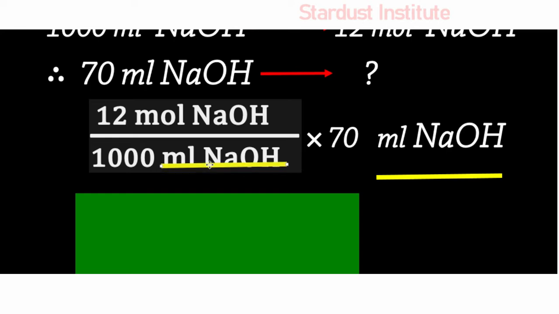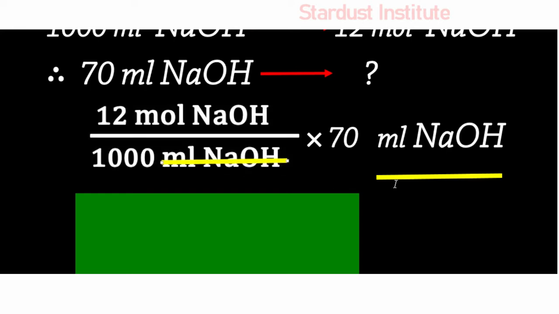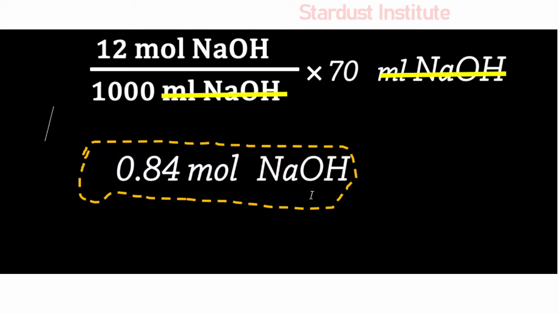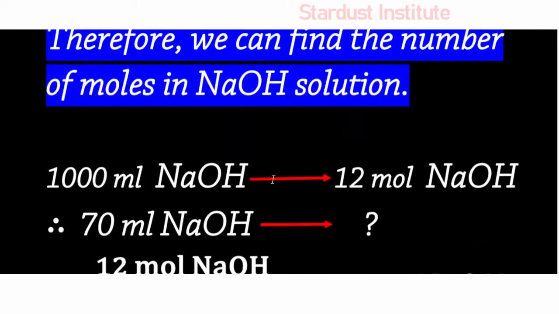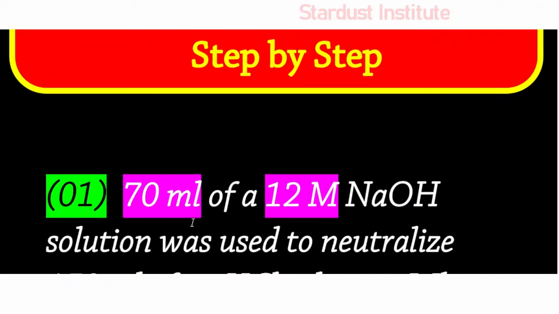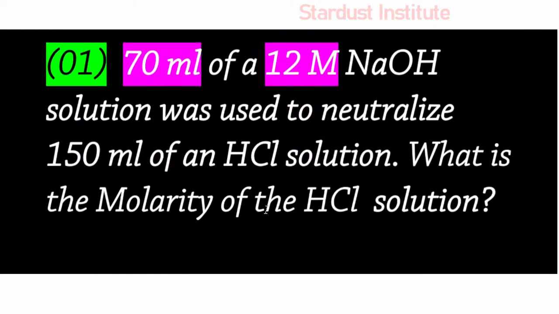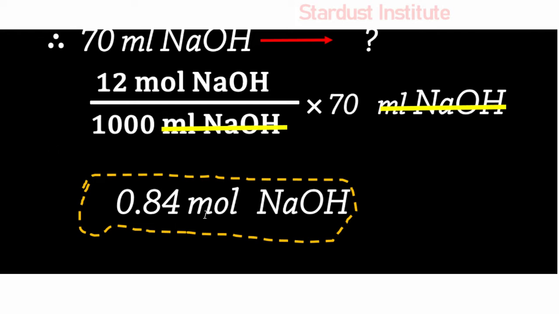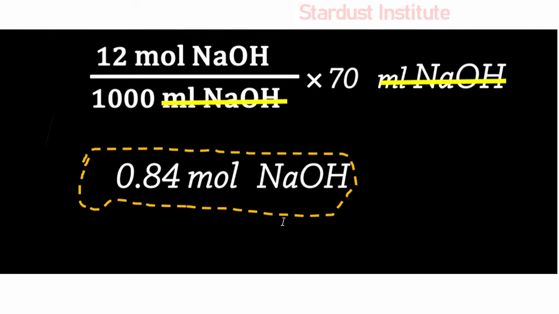Milliliter NaOH, milliliter NaOH, then we get 0.84 moles of NaOH, sodium hydroxide. In 70 milliliters of the sodium hydroxide solution, there are 0.84 moles of sodium hydroxide.